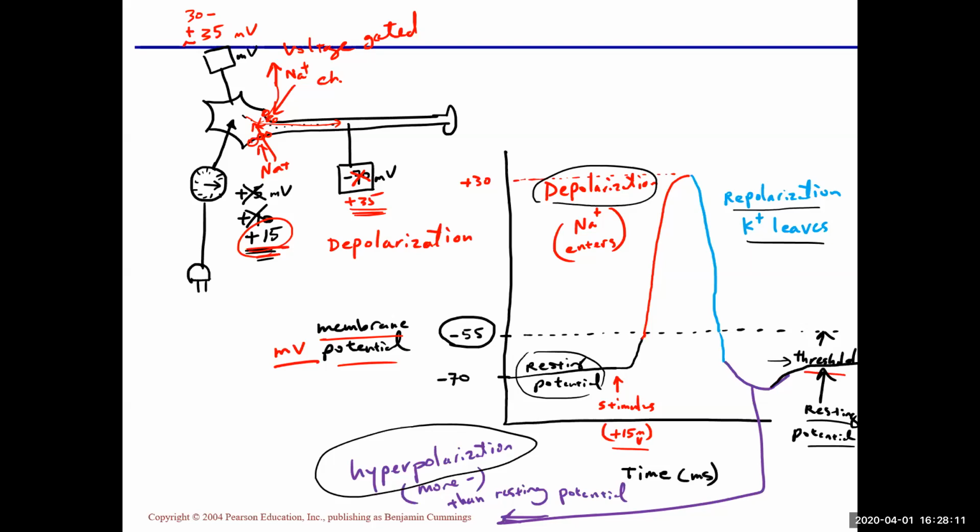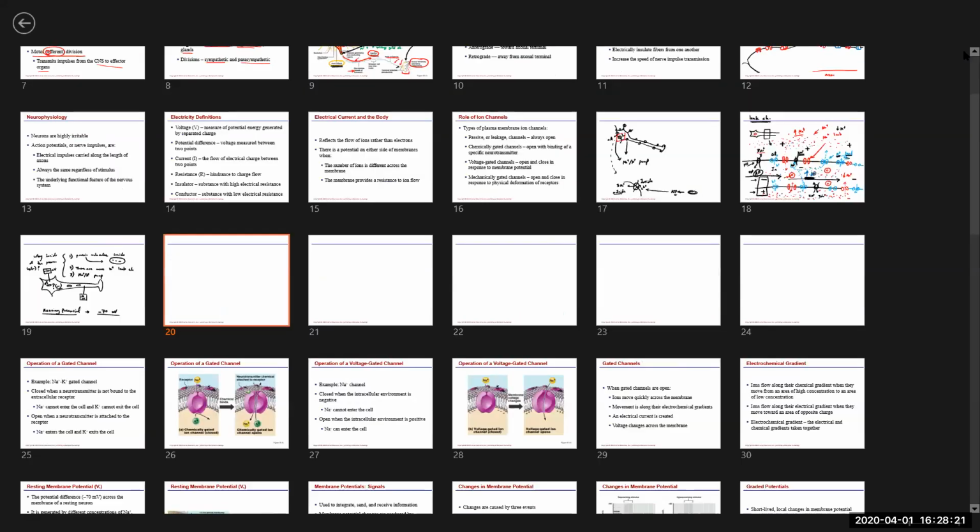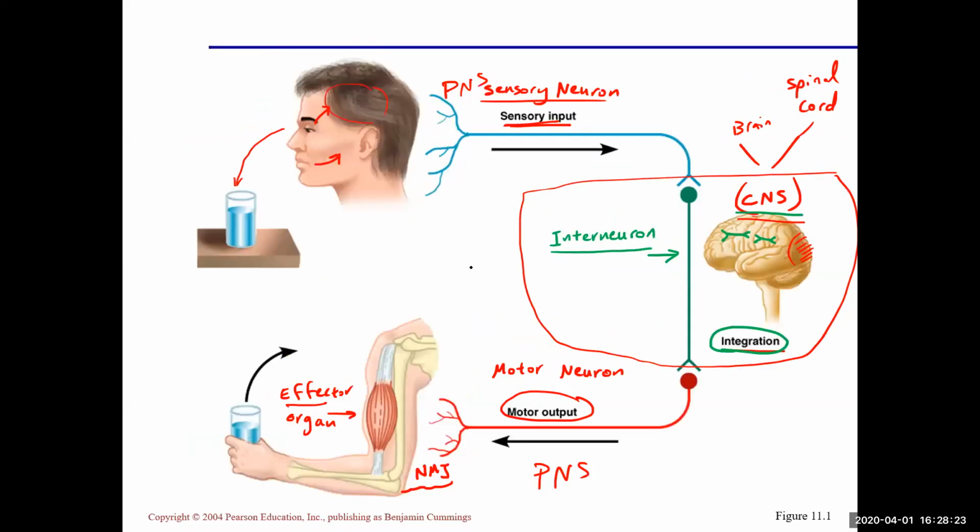Now you're saying to yourself, why is it that I should care? Fire or it won't. Remember what we opened up the lecture with. We are in here. In order for the sensory neuron to reach the central nervous system, so you could sense things, so you could interpret things, so you could integrate things, and so on, action potential needs to trigger.